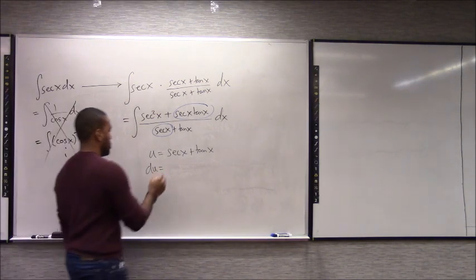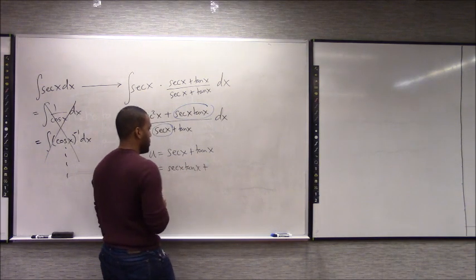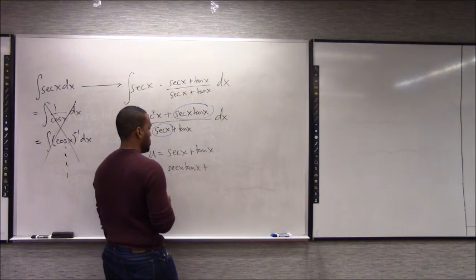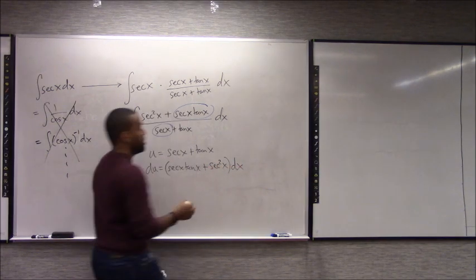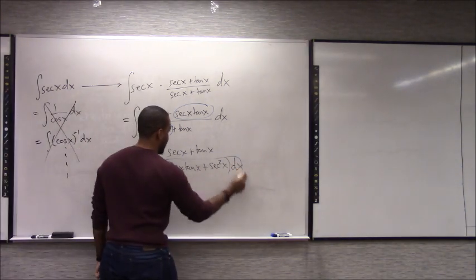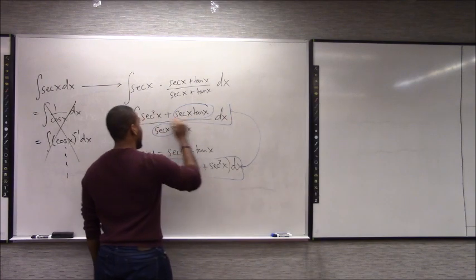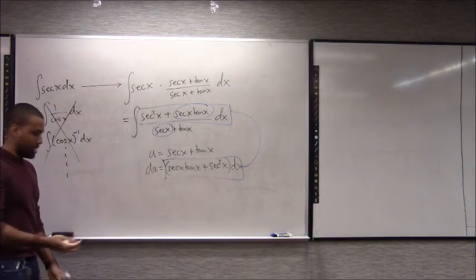Secant x tan x. What's the derivative of tangent x? Secant squared x. Oh my god, look at that! This guy here is actually that guy over there. Multiplying by that weird thing actually gets this to work out.